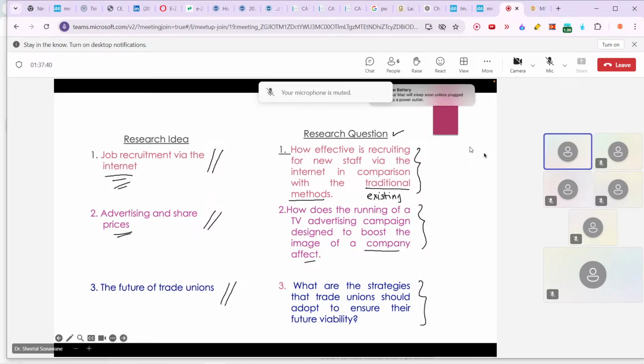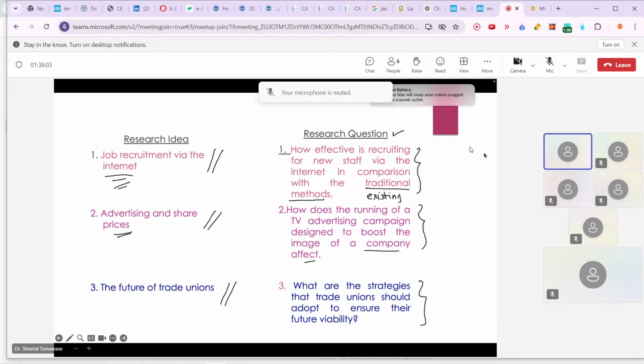First example is job recruitment via the internet. It was an earlier case. This is a simple idea that if we use the internet for job recruitment, it's a simple idea, but how do you come up with the question? How effective is recruiting new staff via the internet in comparison with the traditional method? This is a research question.